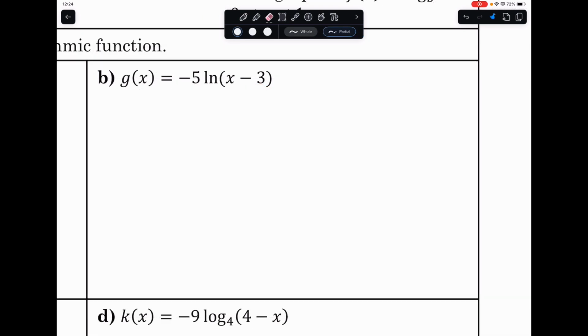Now let's look at example B. For example B, we now are affecting the x coordinates because we have a horizontal shift of -3, which means that the graph is going to move 3 units to the right.